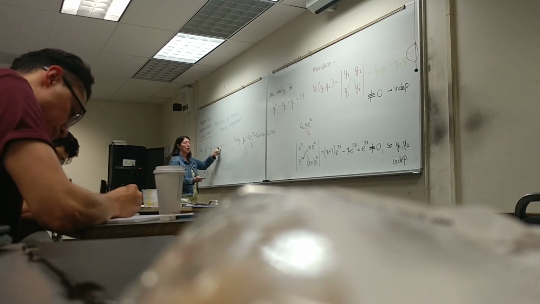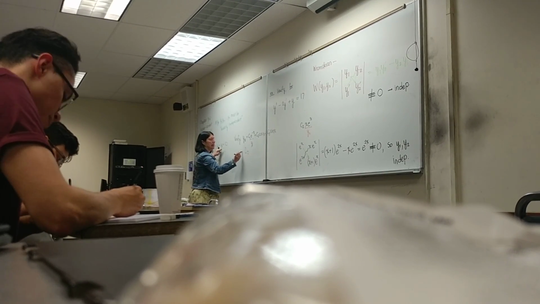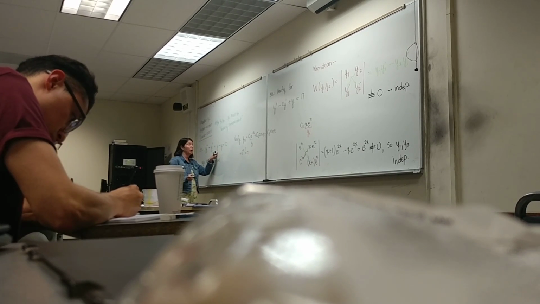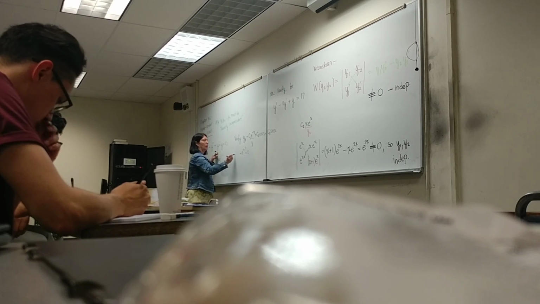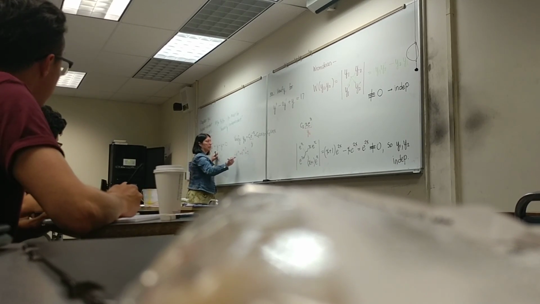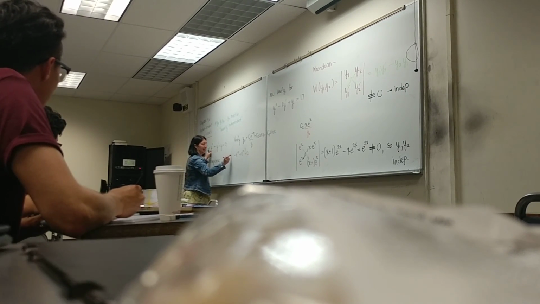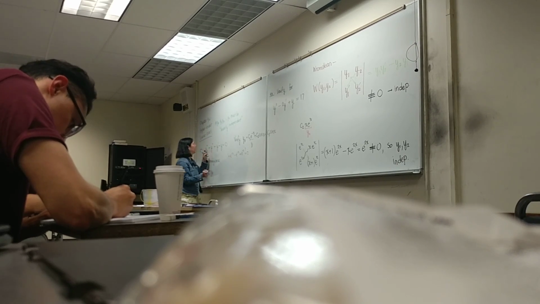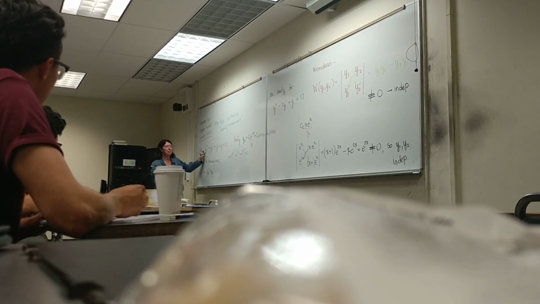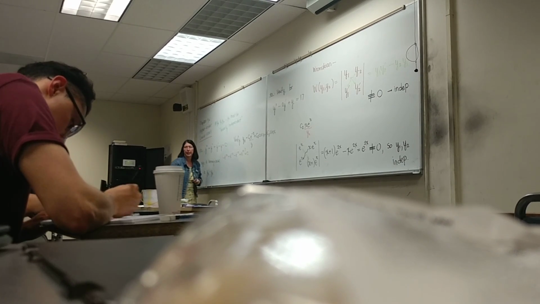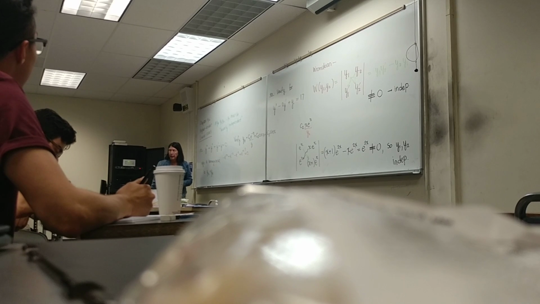So Y1, that's e to the negative x, plus Y1 prime, negative e to the negative x, plus e to the negative x, plus Y triple prime, negative e to the negative x. And yes, that equals 0.